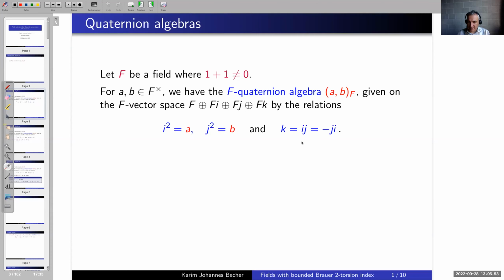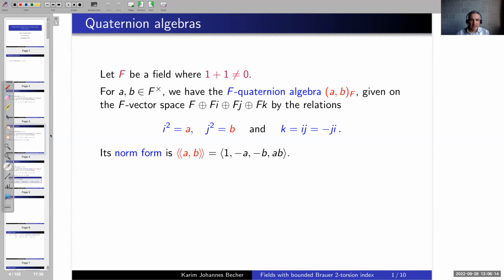I think that this is familiar, and this is the quaternion algebra, which we denote by the symbol (a, b) over F. This is the one important base object that I need in this talk.